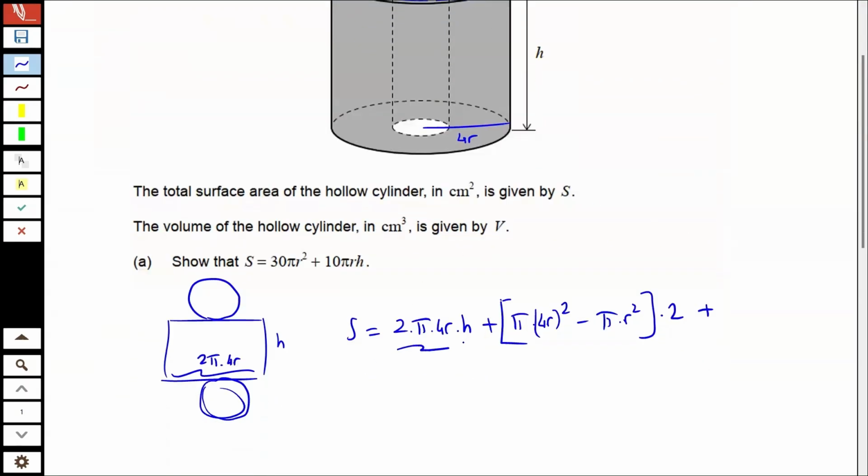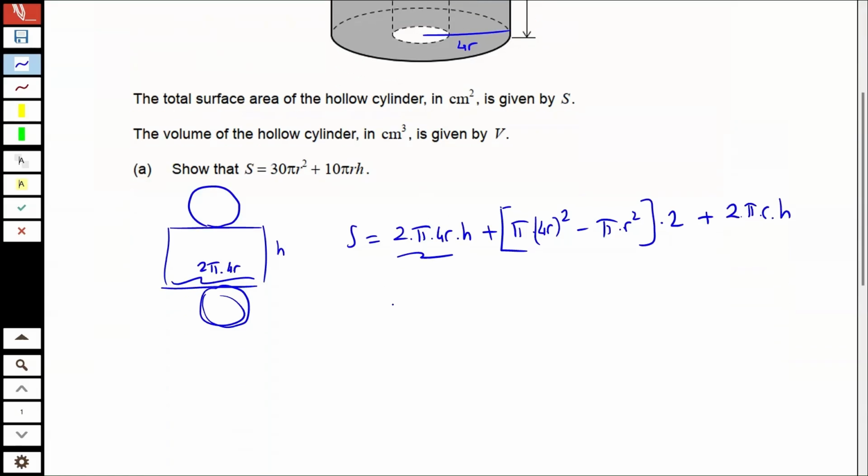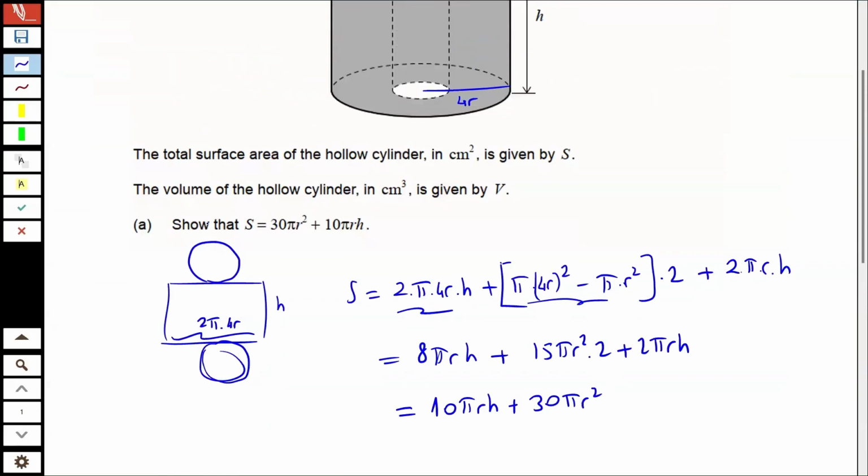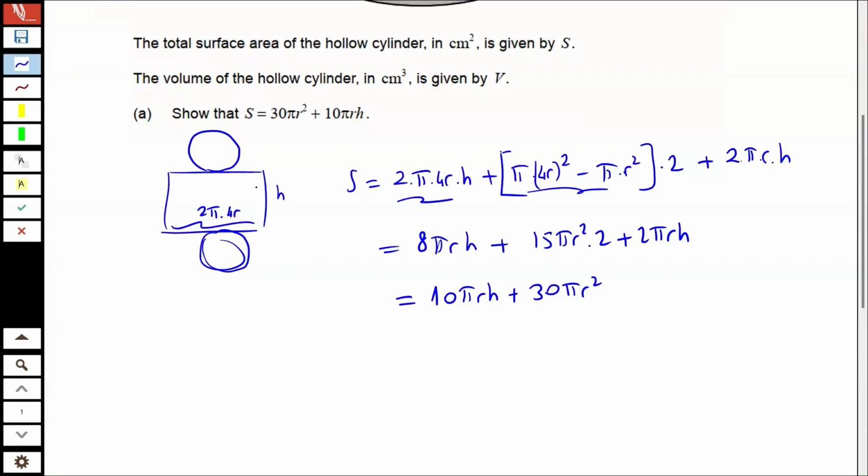So it will be the same like here, 2 times pi times r times h. So this is gonna be 8 times pi r h plus 15 pi r square times 2, plus 2 pi r h, which is 10 pi r h plus 30 pi r square. Yeah, this is the question A.